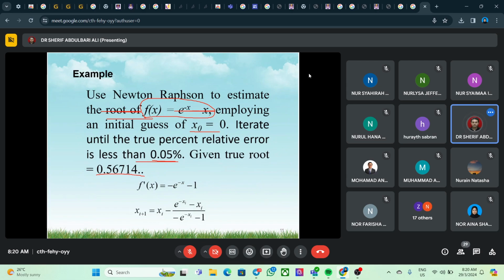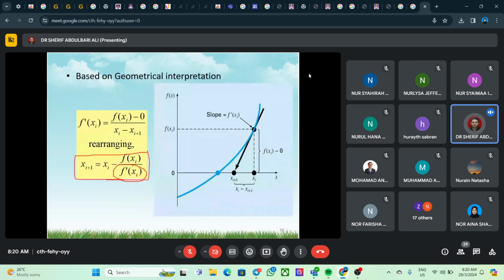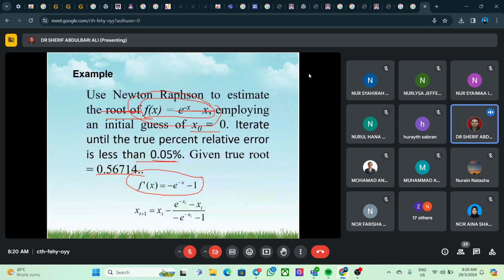Now if I put the function and the first derivative into the Newton-Raphson, x i plus 1 will be equal to the initial value of x minus the function over the first derivative of the function. This is the function, and this is the first derivative. Then I will start to solve based on the initial value. Let's see it step by step.